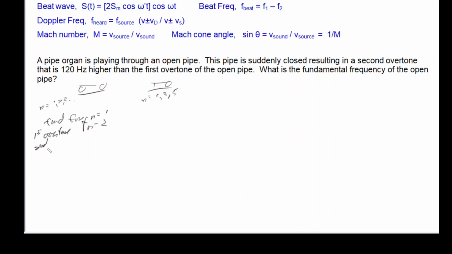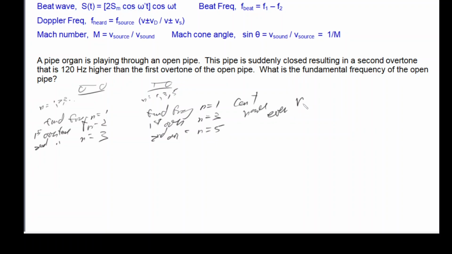The second overtone would be n equals 3. Whereas in a closed pipe, the fundamental frequency is n equals 1, but the first overtone is n equals 3, and the second overtone is n equals 5, because you can't have even numbers n.